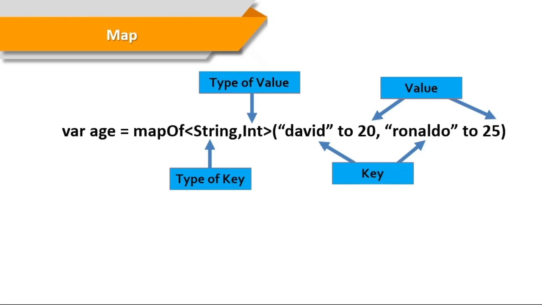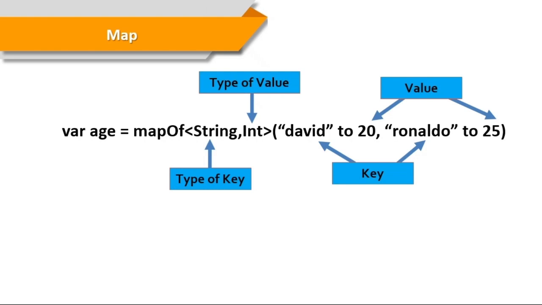In this lesson we're going to learn the map. The feature that distinguishes map from other collections is that we can store elements in the array as key value pairs. So let's examine our example on the screen. After specifying the name of the array, we write mapOf to the right of the equal sign.